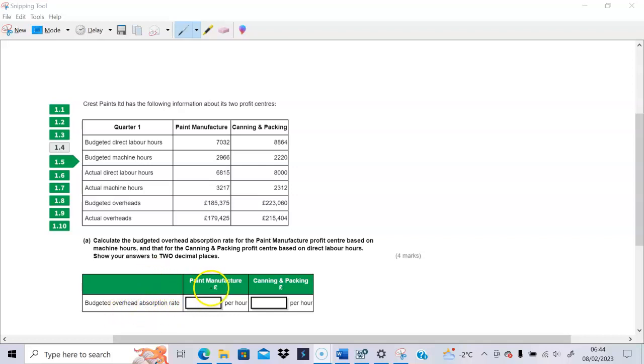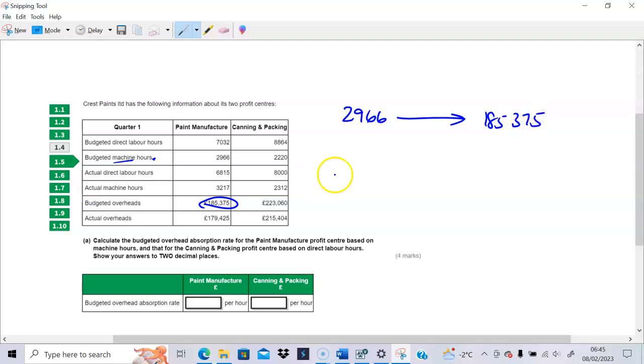So when we look at the paint manufacturer, they tell us that the overhead is based on machine hours. So our focus becomes machine hours. Based on machine hours, these 2,966 hours have the potential to drive a budgeted overhead of 185,375.